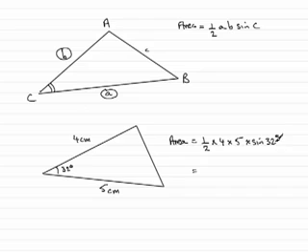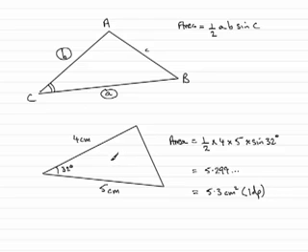Make sure your calculator is in degrees mode, because we're calculating the sine of 32 degrees. If you use your calculator, you get 5.299 and so on. Because we're working in centimeters, the area is roughly 5.3 centimeters squared if we round it to one decimal place.